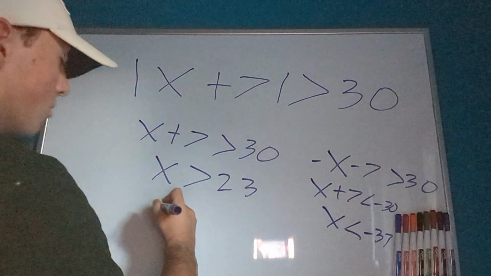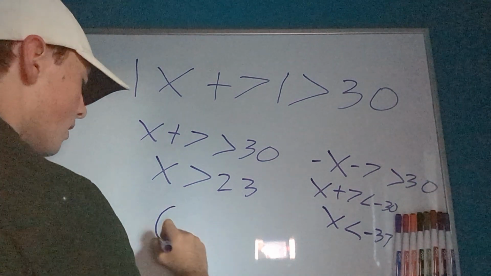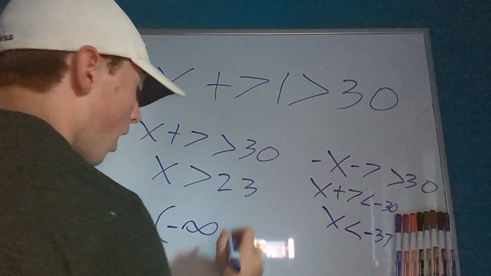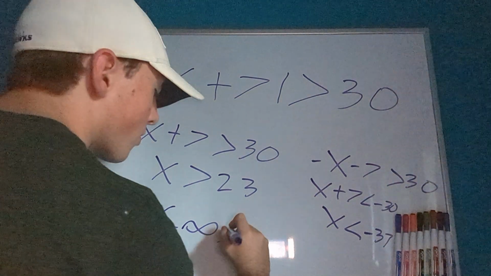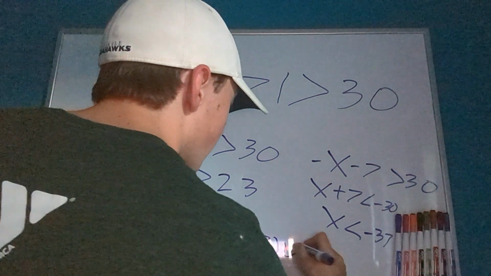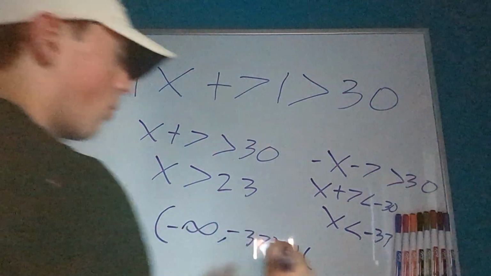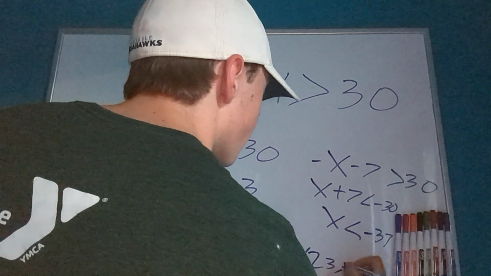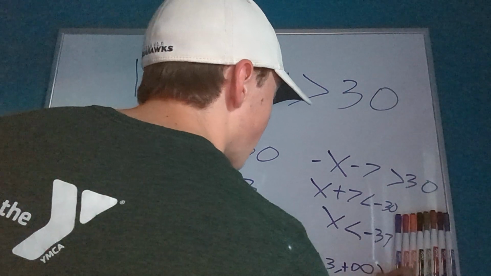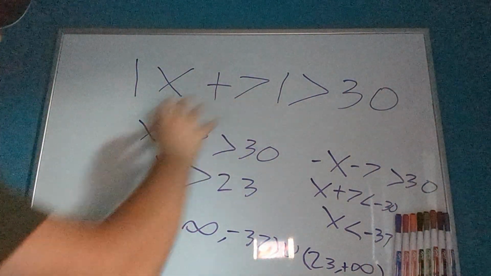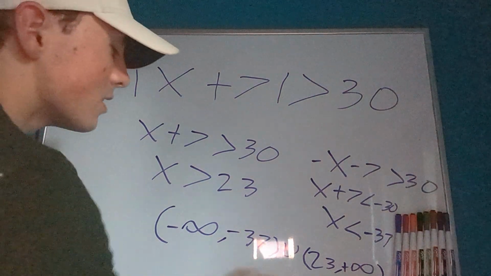So how we're going to do this is put it in this form: negative infinity, comma, negative 37, open brackets, union, 23, comma, positive infinity. Okay? So here we have solved this absolute value inequality, and this is our answer here.